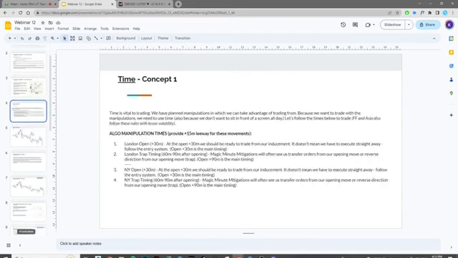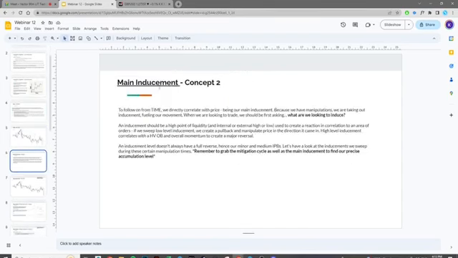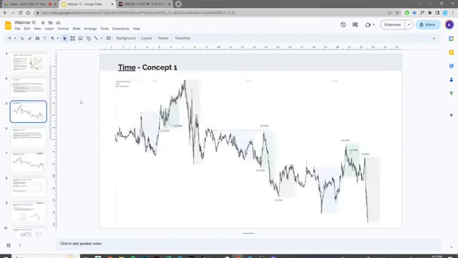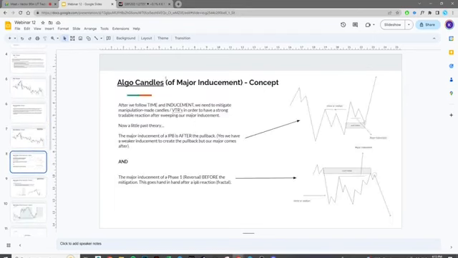So basically time, main inducement that correlates with time, and what we're mitigating after that major inducement, which is mainly our algo candles, and then the extra information we went over today, just to ensure we're doing everything right, because the market will make everything look like it's so different all the time, but if we understand what's really happening, we understand the small rules that it implies, we'll be able to take advantage of it. All right.